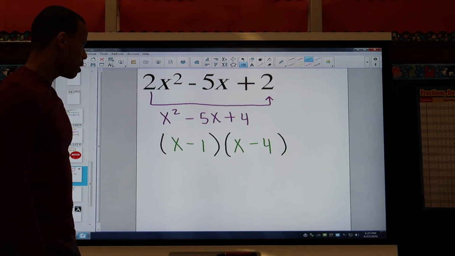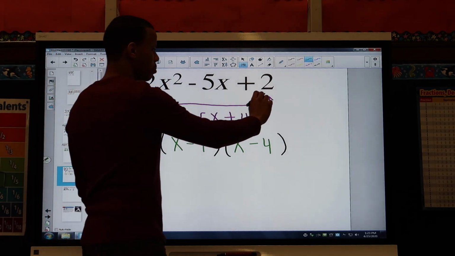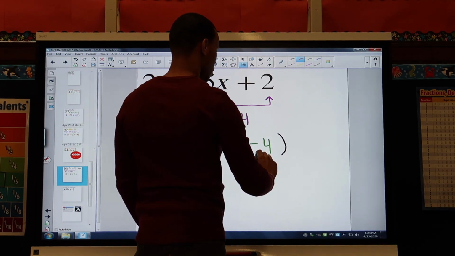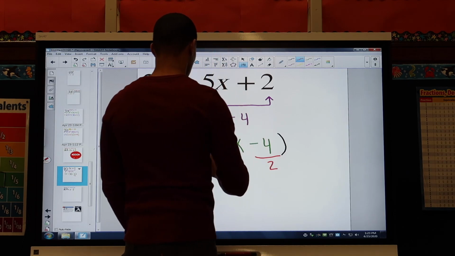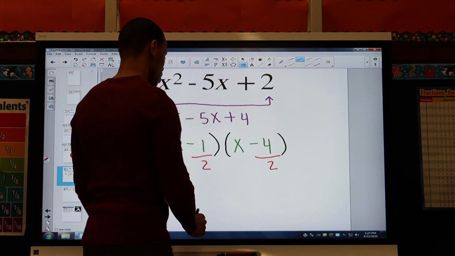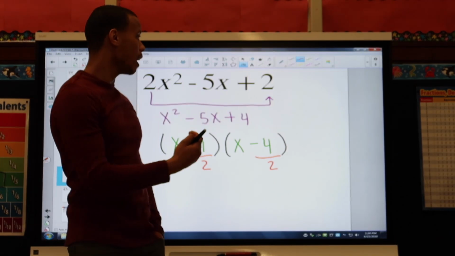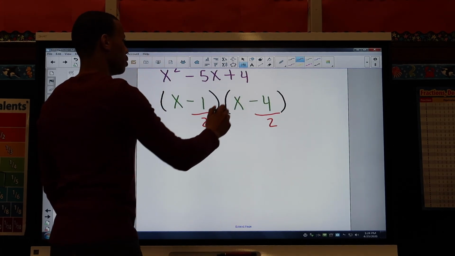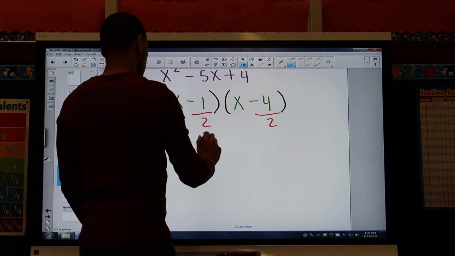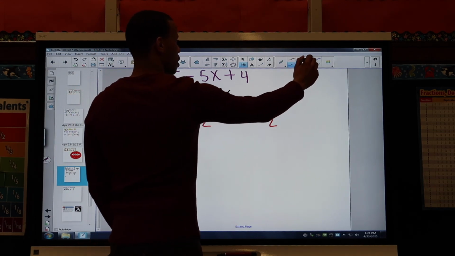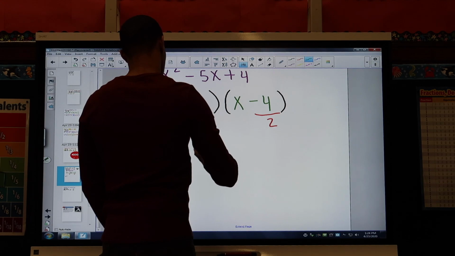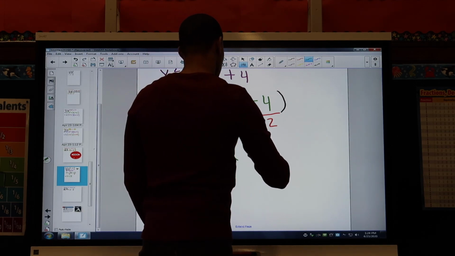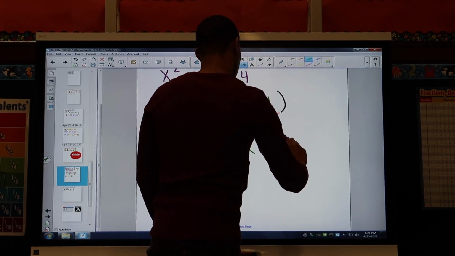Okay? So now, because I multiplied by 2, I'm going to go ahead and do the same thing in the other direction. So for this one, I'm going to divide by 2, and then I'm going to divide by 2, just to go back to what I had at the beginning. So now this becomes x minus a half, and then I have x minus 2.